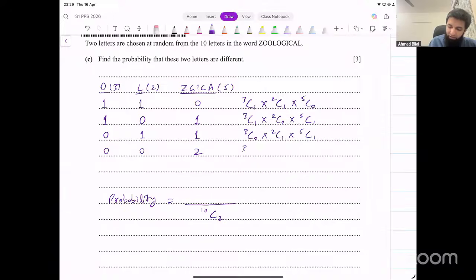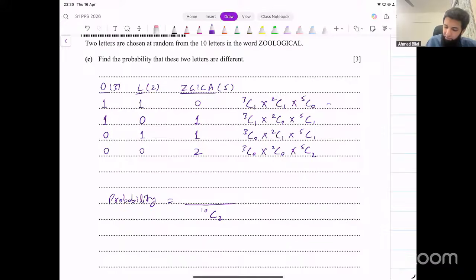And then finally, 3C0 into 2C0 into 5C2. Now let me just confirm all of them. 3C1, 2C1, 5C0, 3C1, 2C0, 5C1, 3C0, 2C1, 5C1, and then finally 0, 0, and 2.